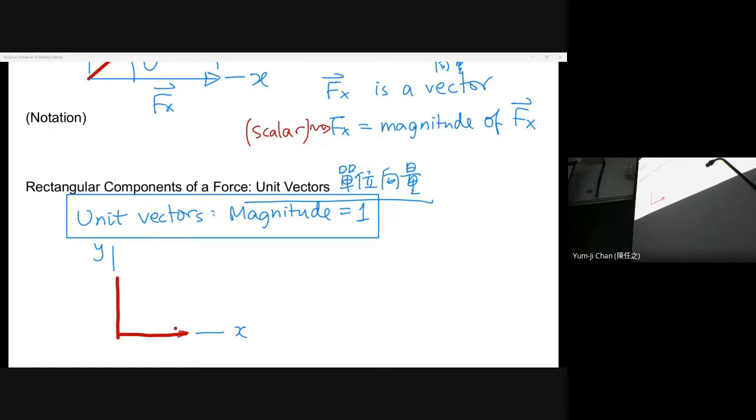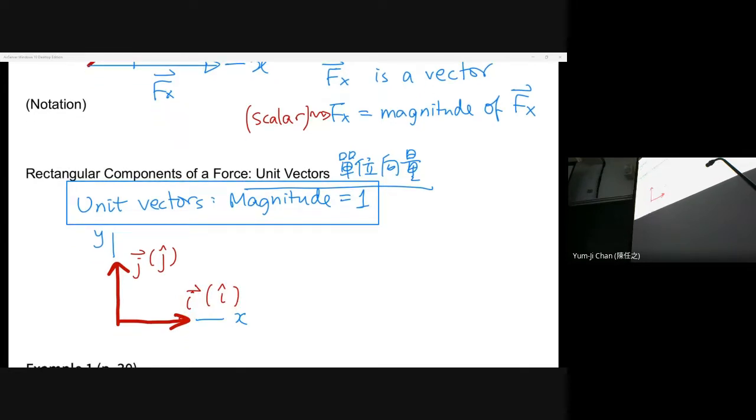If we talk about unit vectors in the x and y directions, did you use i and j in high school? I and j, yes, okay, good. Some teachers like to use i hat and j hat to show that they are unit vectors, but it is okay to use either. So these are unit vectors. Their magnitudes are equal to 1.